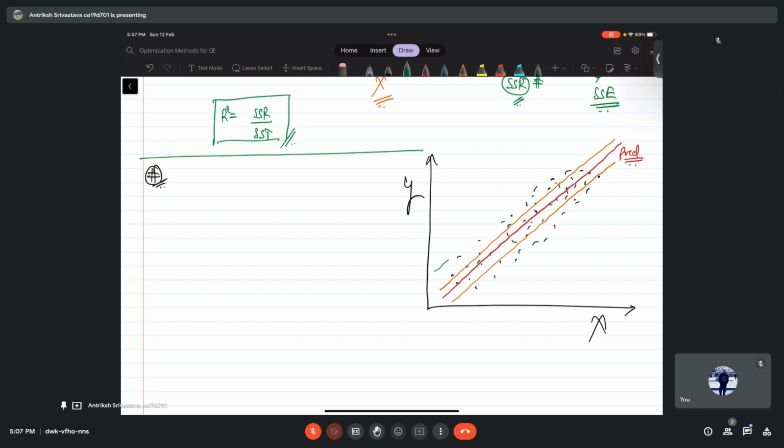This is another interval. So what is this orange, and what is this green? I am asking for the confidence interval and prediction interval. What is this orange and what is this green?